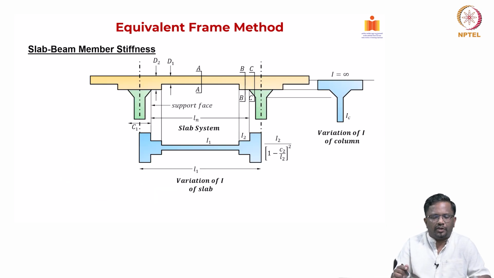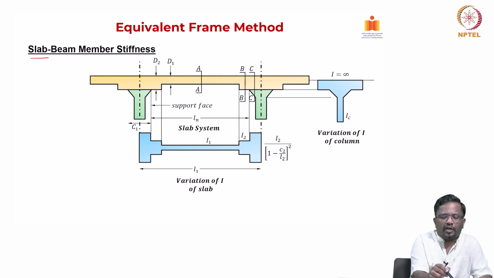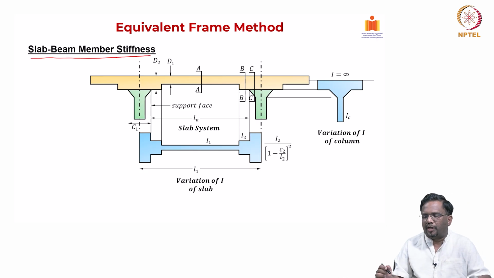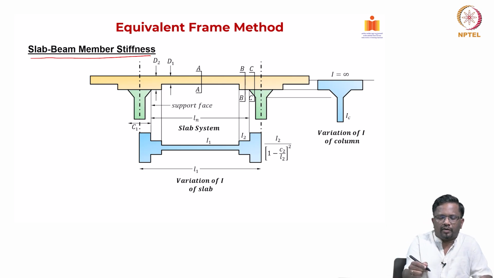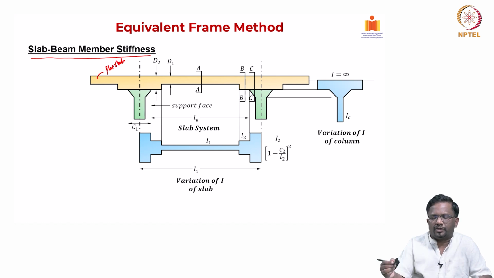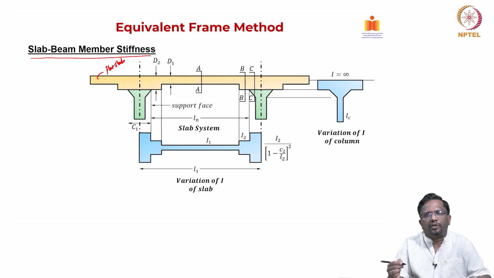Now, just to explain why this slab beam stiffness will be varying. For example, here we are looking at a slab panel element which is a flat slab. Depending upon where I am taking the section, my dimensions are going to change.